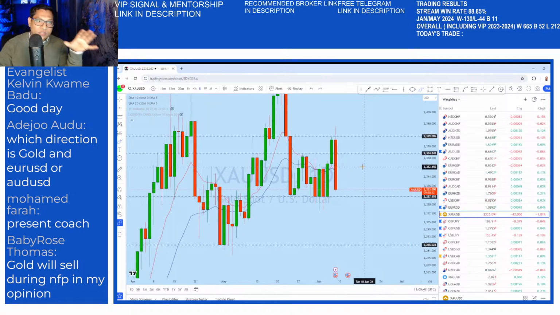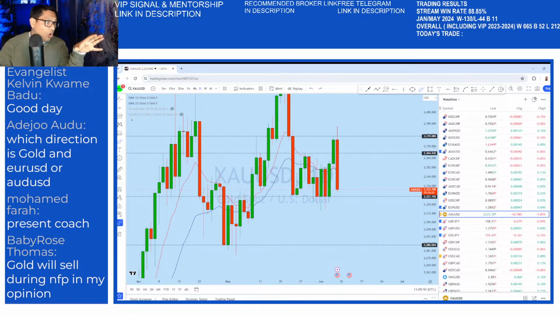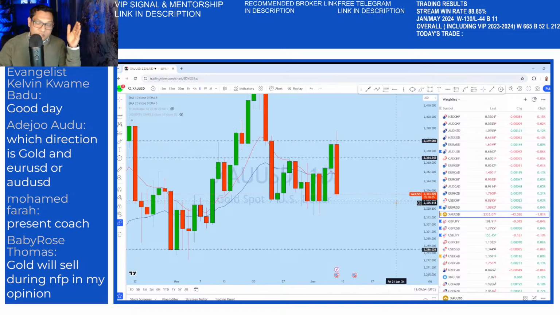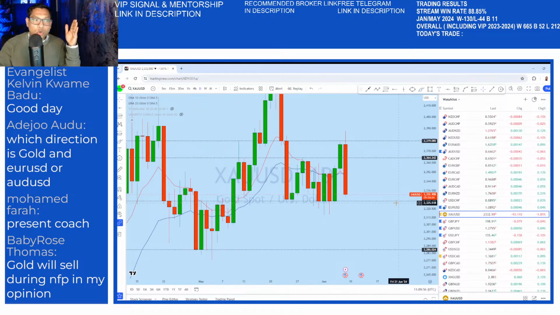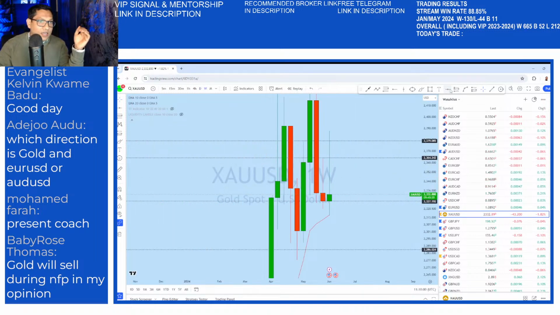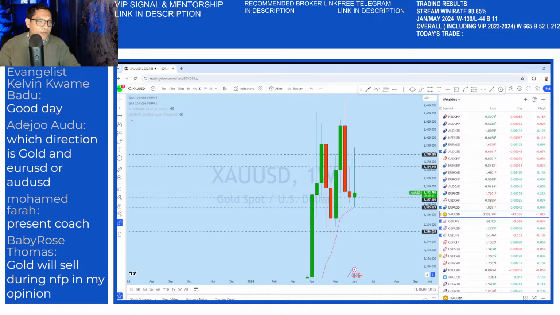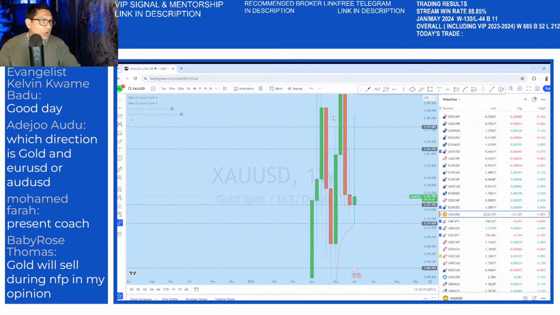As you can see, only half the day has gone, the other half is still remaining, and NFP is still to come. So we are expecting it to retest the weekly levels. This is the weekly support and the weekly level. Now we are expecting the price to drop to the weekly support before moving back towards the upside.